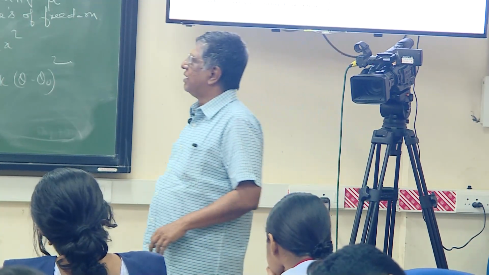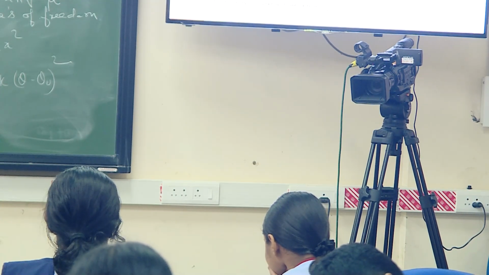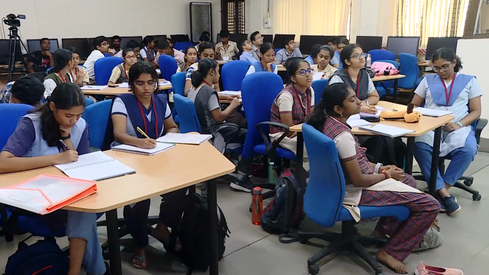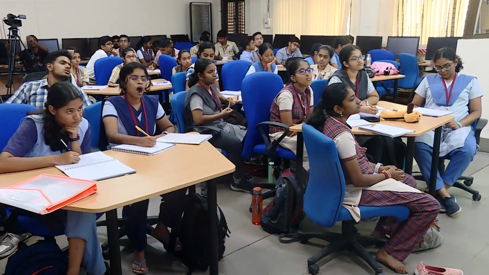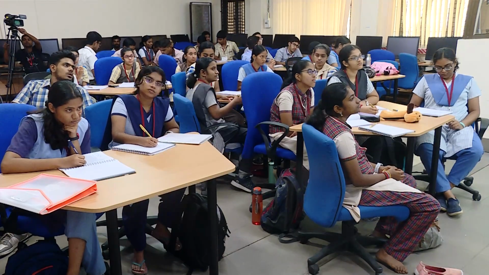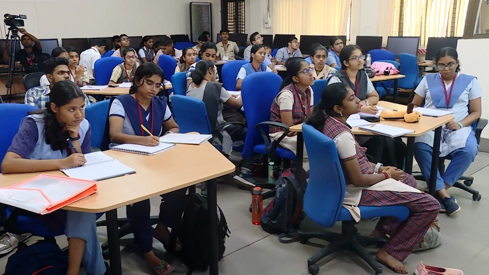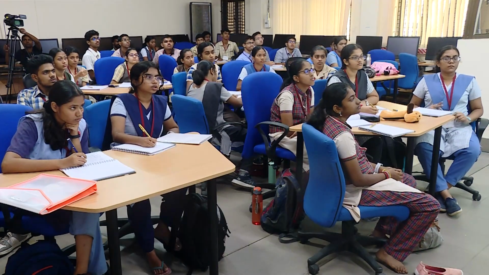In fact, you can calculate dP by dV as well as d square P by dV square, setting them to 0. Then you can get all the critical constants. Have you done this? PC, VC, TC. Do you remember that?